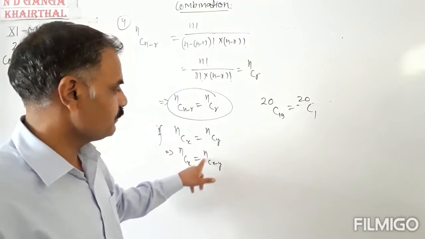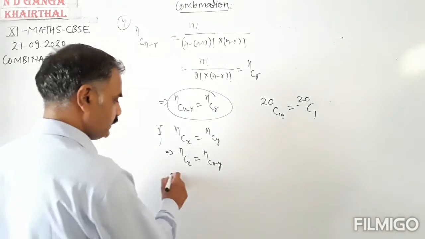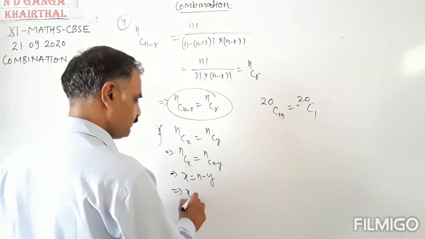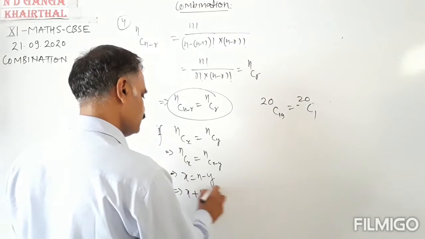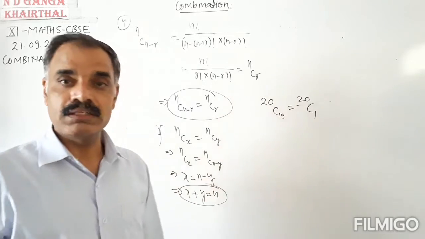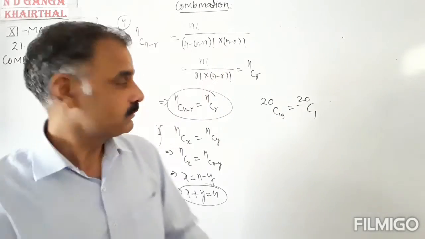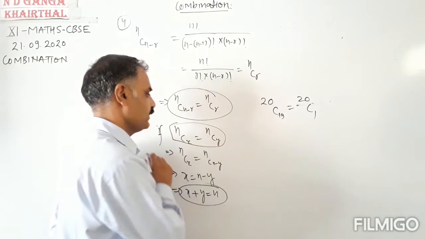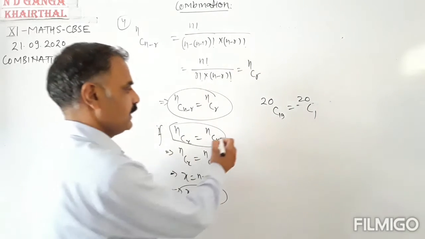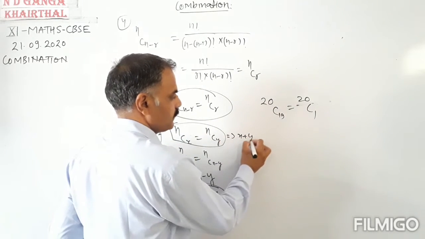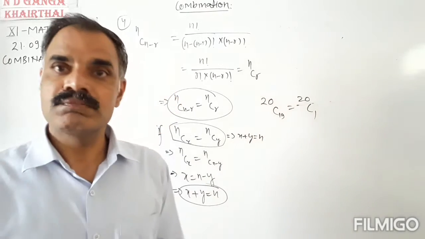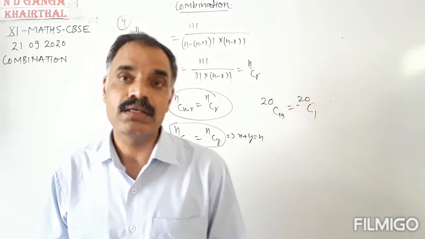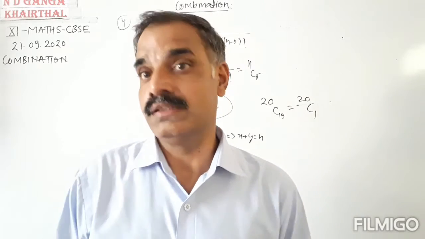So x equals n minus y, meaning x plus y equals n. So if NCx equals NCy, this implies that x plus y equals n. This is also an important property of combinations.